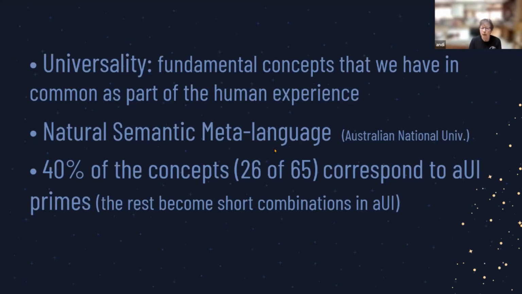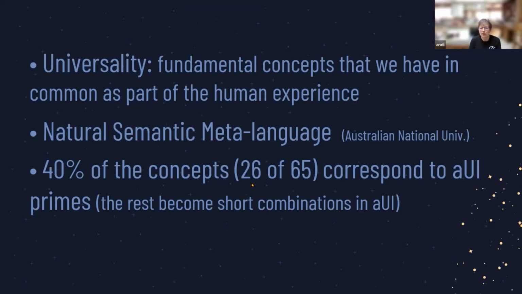Their purpose is different than aUI's, but their purpose was to actually find exact, specific lexemes that would be representative in every language. And so they have done exhaustive research in looking at these various languages to make sure that these lexemes are representative, that those words actually exist in every language.